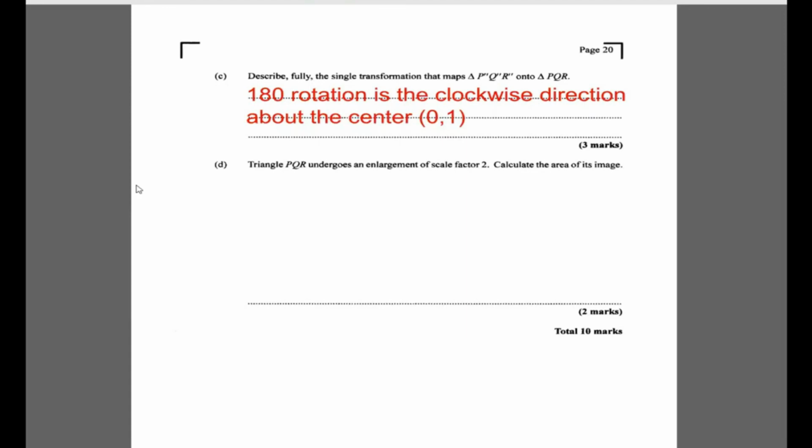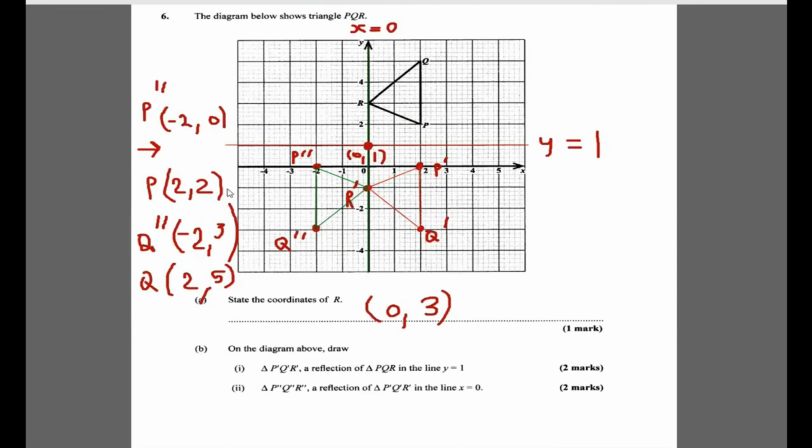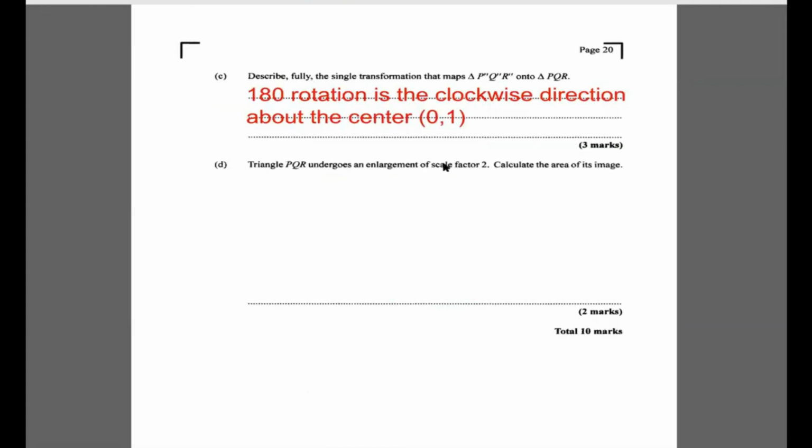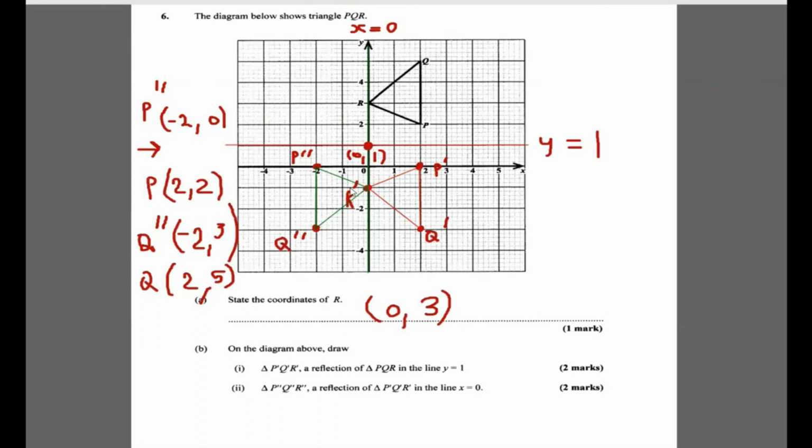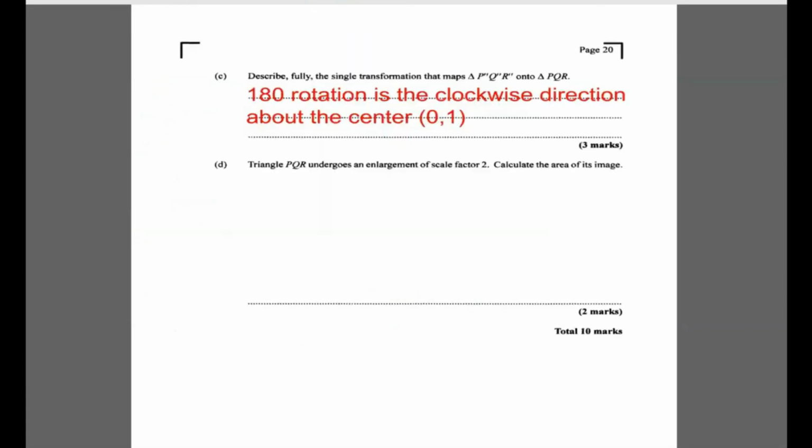Now, triangle PQR undergoes an enlargement of scale factor 2. Calculate the area of its image. Triangle PQR undergoes an enlargement with scale factor 2.